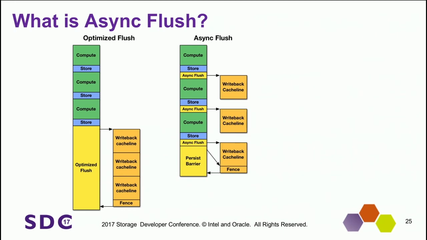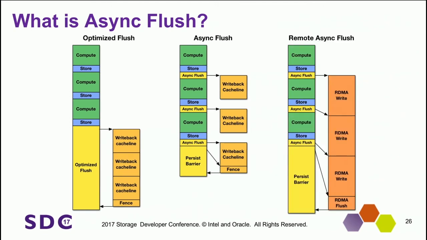And the persist barrier, again, ensures that subsequent side effect stores don't become visible until this fence completes, that is, until all of the previously asynchronously flushed data becomes durable. So this lets you get some overlap, and hopefully you can find enough useful computation to do to hide the latency of the flushes.